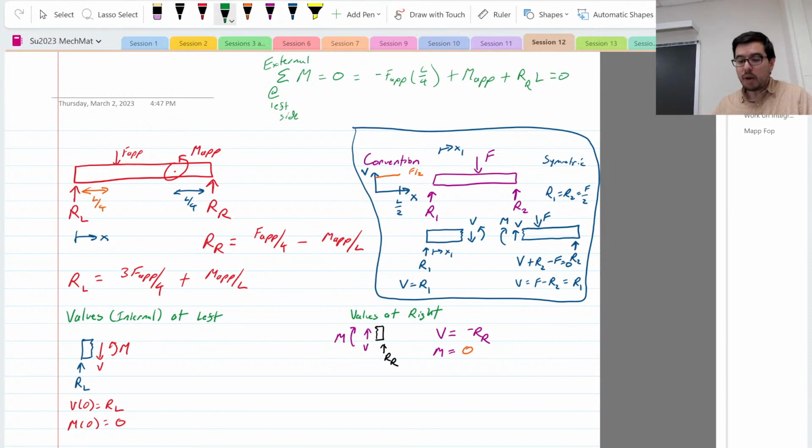If I do it at the right side, M app is still positive, okay, but now R_L is going to be contributing a negative moment.